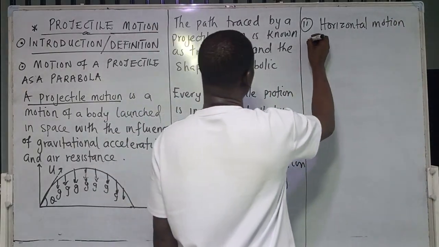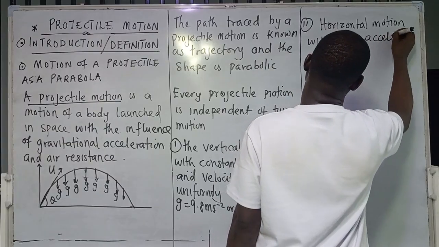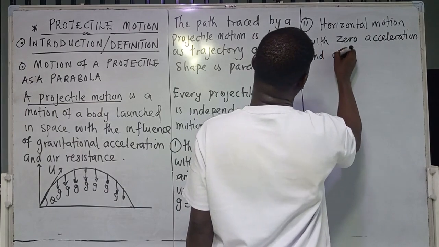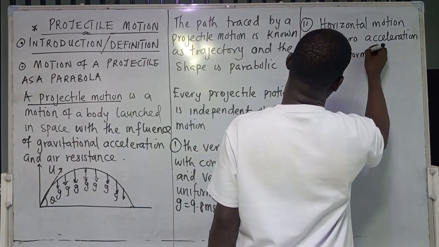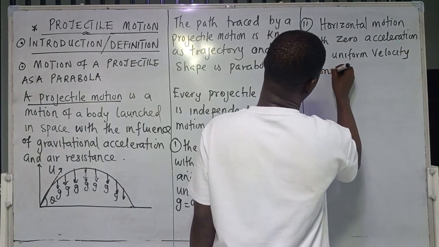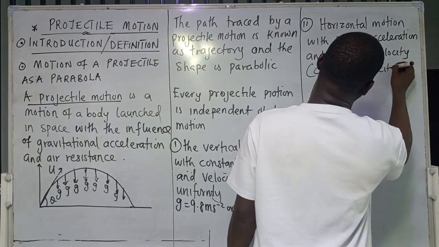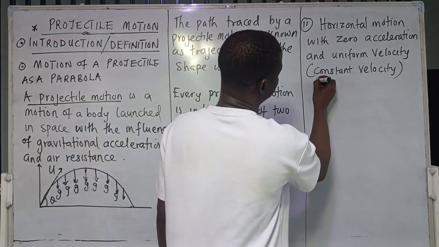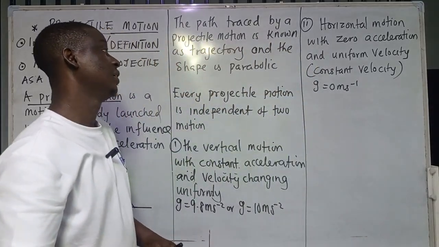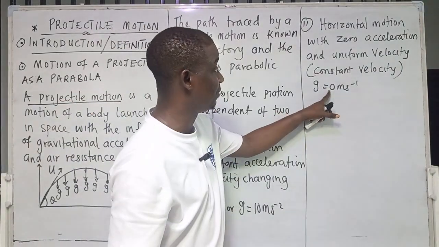Horizontal motion with zero acceleration and uniform velocity. That means constant velocity. So in this part of the motion, g is 0 meters per second squared for this horizontal motion. That means it's not affected by gravity.